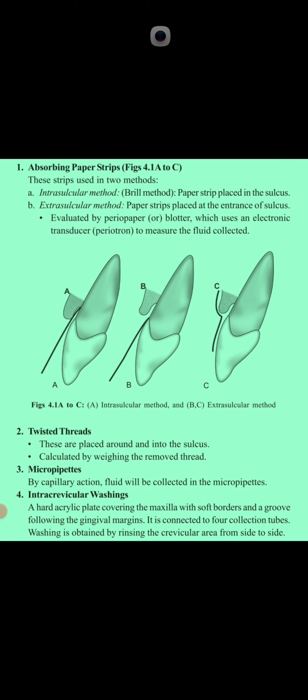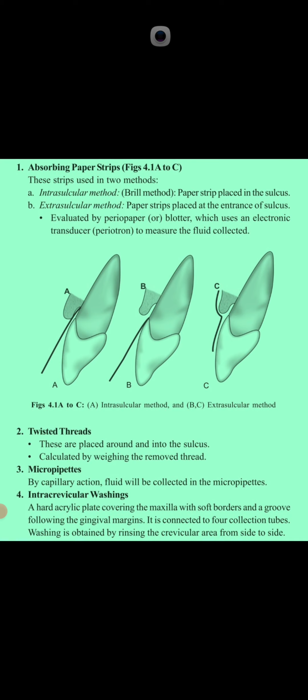In this absorbing paper strip method, there are two techniques. One is intracrevicular, meaning we place the strip inside the sulcus. The other is extracrevicular, where we do not place the paper strip inside the sulcus but at the entrance of the sulcus. When we place it intracrevicular, this method is known as the Brill method.